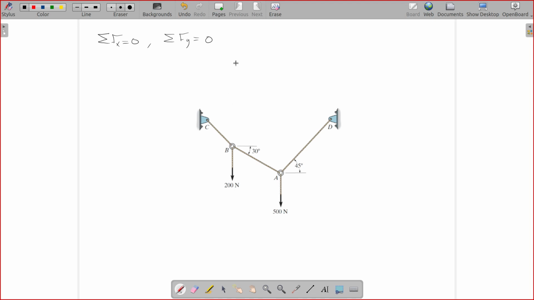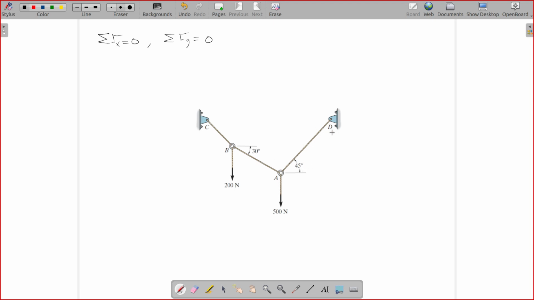So that gives us two equations. When you have two equations, you can solve up to two unknowns. So we have A, B, C, D. Three locations here for which we need to find out the corresponding forces. And all angles are given.